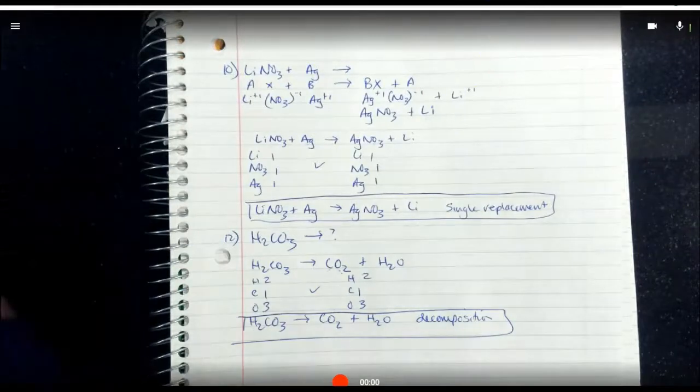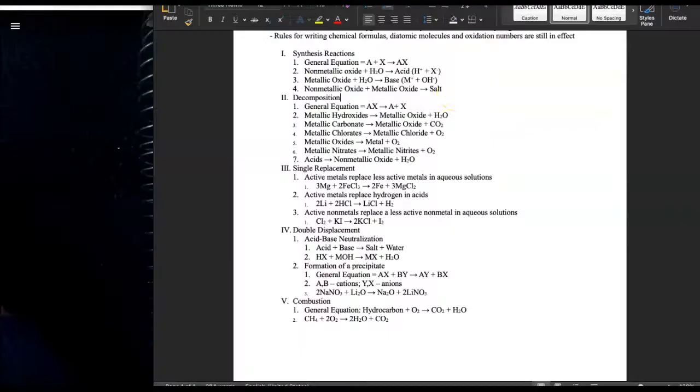So let's just briefly talk about the predicting products reference sheet. Synthesis reactions: you start with two separate units to get one unit as a product. Decomposition: if you start with just one compound, it's probably going to be a decomposition reaction. Single replacement: if you start with one element and a compound, it's probably single replacement.